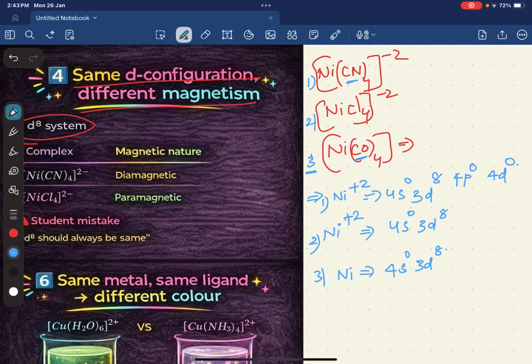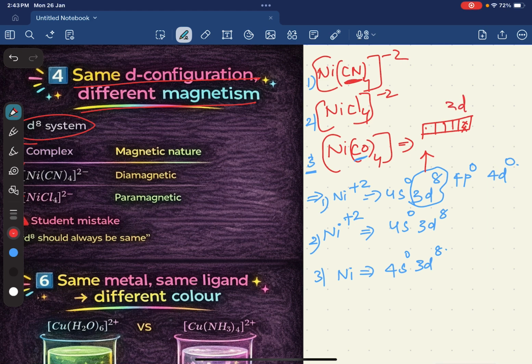What happens is, out of the 10 electrons of 3d, how many electrons are filled? 8 electrons. So one empty d orbital you can find, and the ligand electrons start filling from that orbital, because 4 ligands are there.